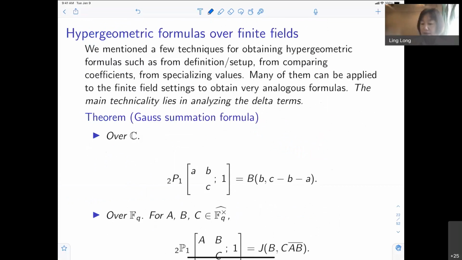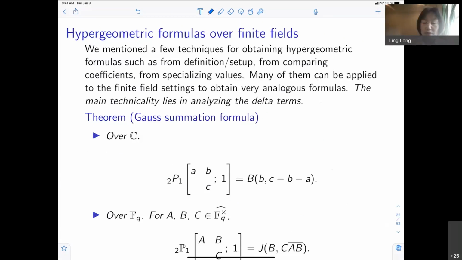And with that said, I want to mention that there is a kind of parallel setting, where you can attain hypergeometric formulas over finite fields in a pretty much parallel way.